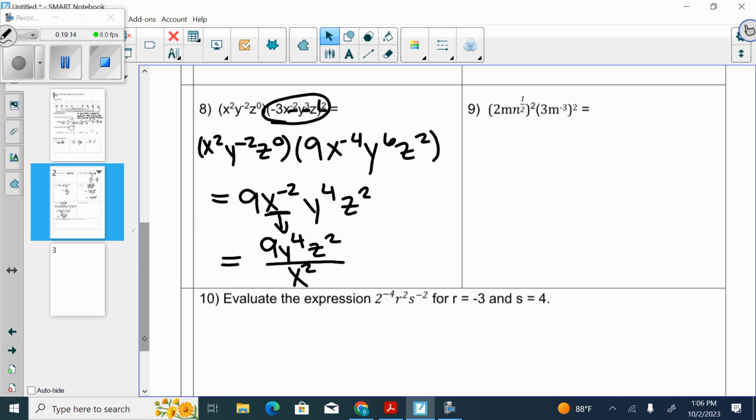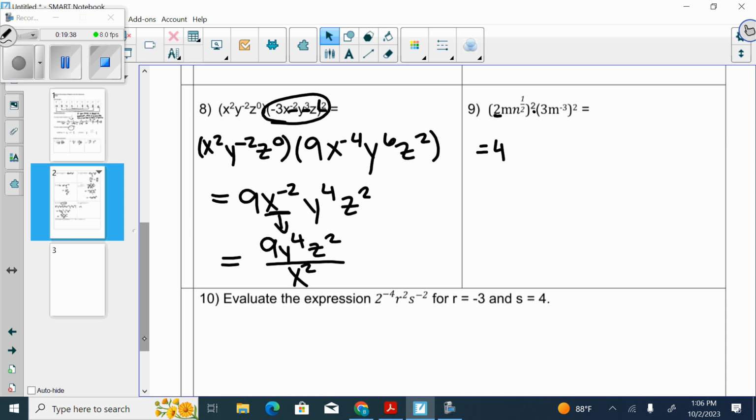Alright, number 9. Again, before we can multiply, we've got to take care of those exponents, right? So what is 2 squared? 4. Okay. And then just like over here, power to a power means I'm going to do what with the exponents?